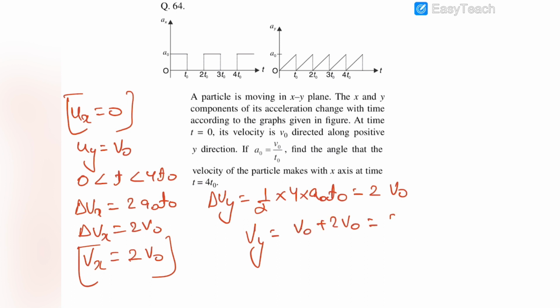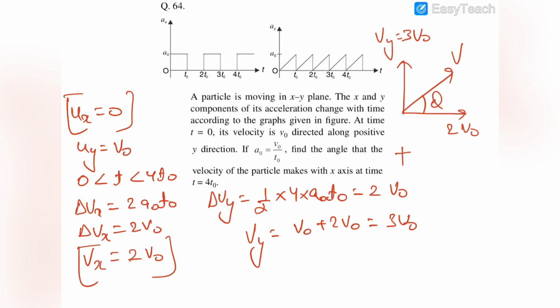So it would be 3 v naught. Now this particle is moving with velocity v at 4 t naught time, and the component of this velocity along x-axis is 2 v naught, and along y-axis it is 3 v naught. So the angle this velocity will make with x-axis will be 3 by 2. So the correct answer will be 3 by 2.